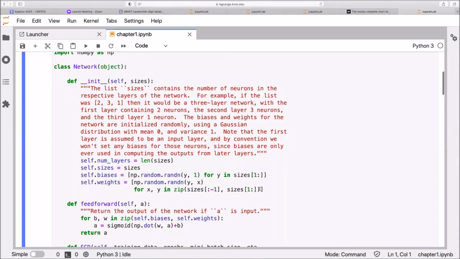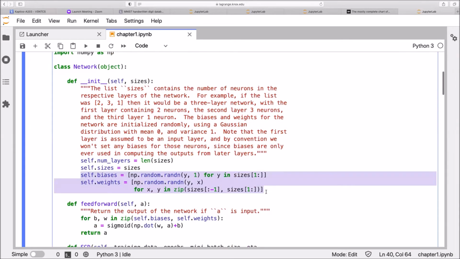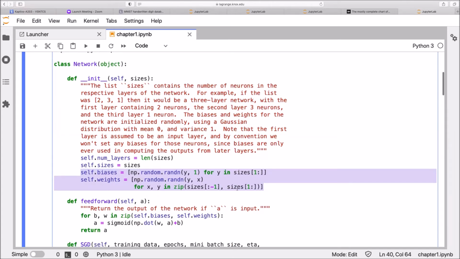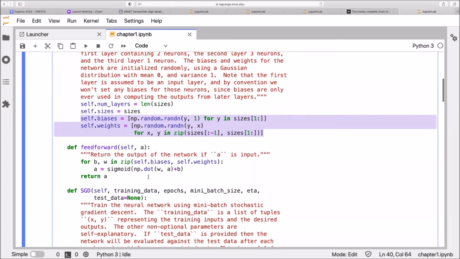First, let's look at these two lines. We generate the initial weights and biases from a standard normal distribution. So we have our initial weights and biases, and we want to find better ones to replace them. And we feed forward.